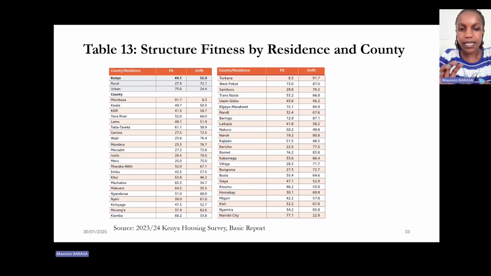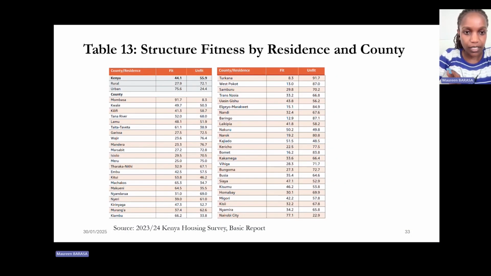Yes. And lastly, is the structure fitness by residents and counties. So for structure fitness, they were considered fit for occupation in terms of materials used for construction. So most of the houses, or rather the residences in the country, were considered unfit for occupation.